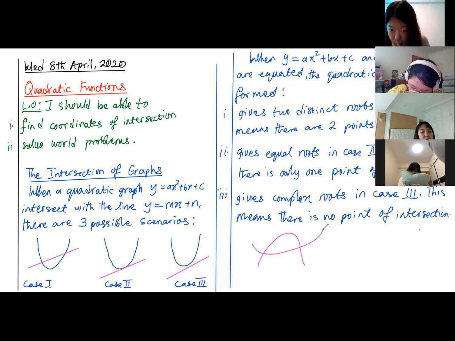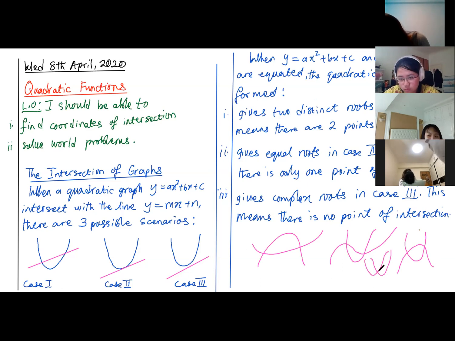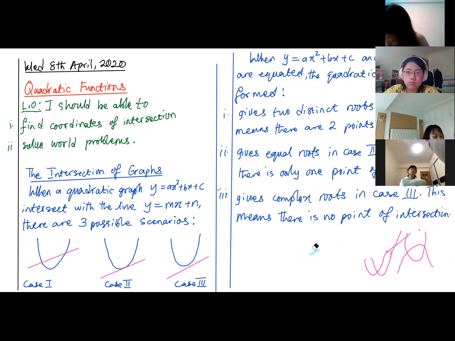So all this that we have written, it's not just a line and a curve. It could be a quadratic curve and a cubic graph. It could be a quadratic and another quadratic. One maximum, one minimum. It could be one quadratic minimum, another quadratic minimum, and they meet. You can see they meet somewhere here. Who knows? We don't know. So it's applicable for any two graphs.